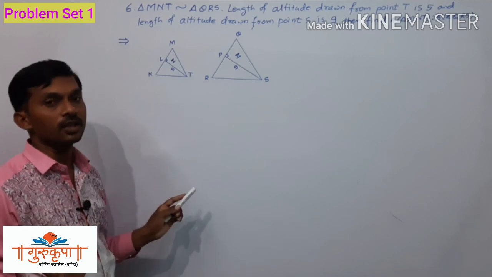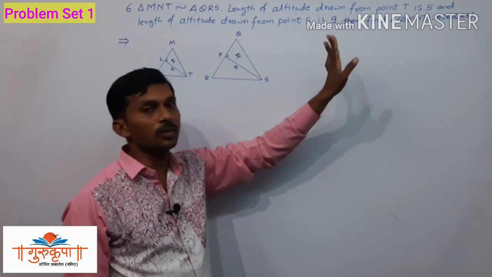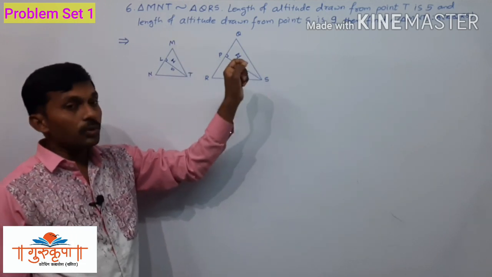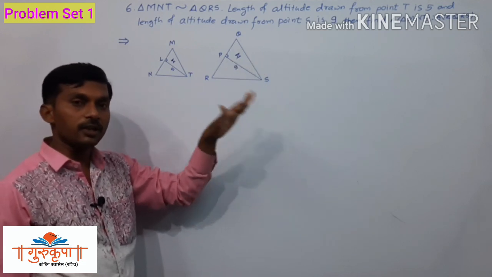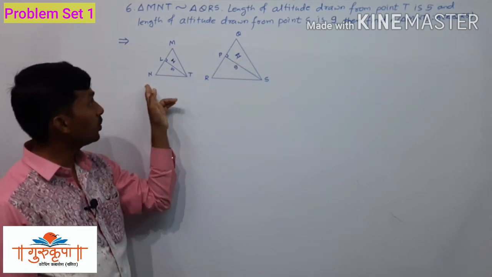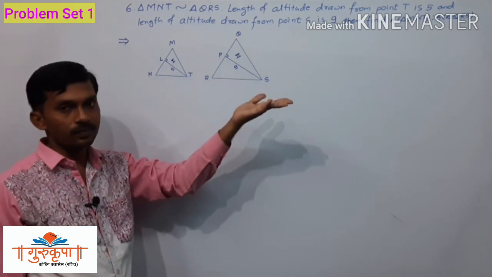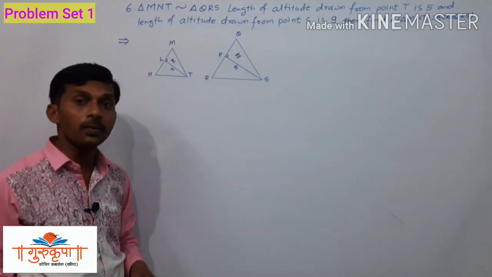So the main thing we have to use is the property of the ratio of the areas of two similar triangles, but we didn't know the ratio of their corresponding sides. So first of all, find the ratio of the corresponding sides of both these triangles and then use the property. How?